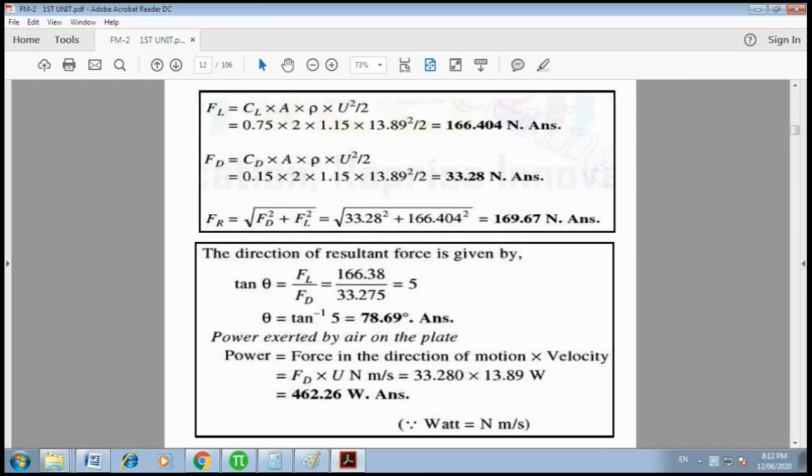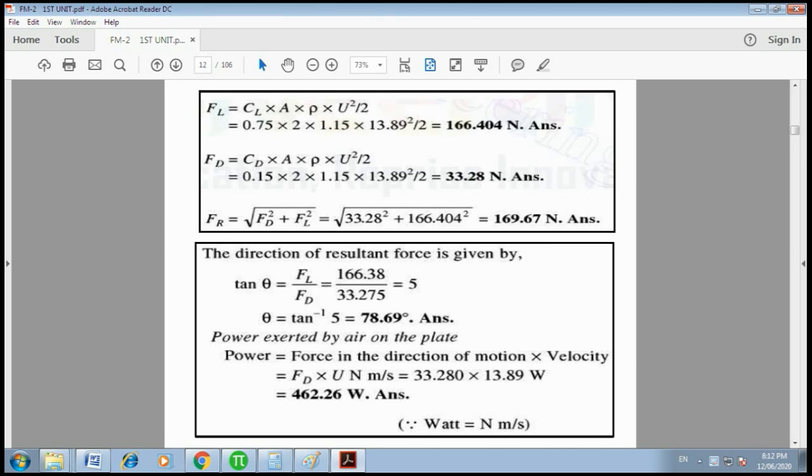We have a standard mathematical formula to calculate the lift force and drag force. By putting in the above values, we have calculated 166.404 Newton and 33.28 Newton. Remember, the unit of force is always Newton, pressure into area.